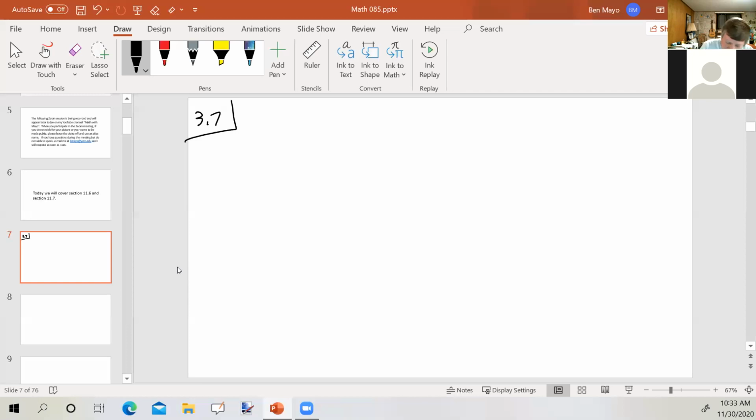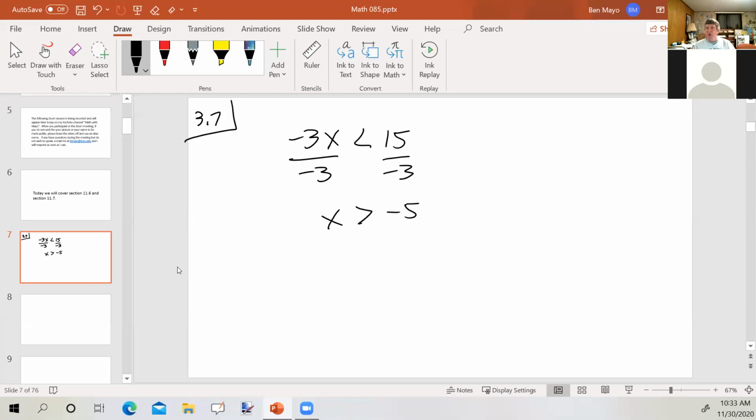So let's say, for instance, we had negative 3x less than 15. To solve this inequality for x, we would divide both sides by a negative 3. Because we're dividing both sides by a negative, we would change the direction of the inequality. Let's say we had negative 2/5 x is greater than or equal to 20.